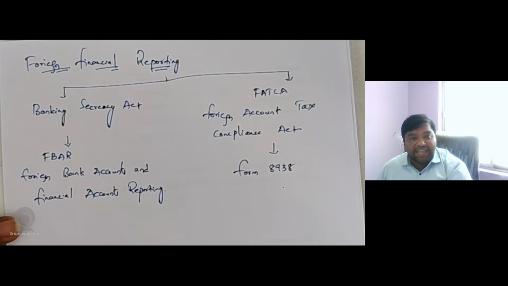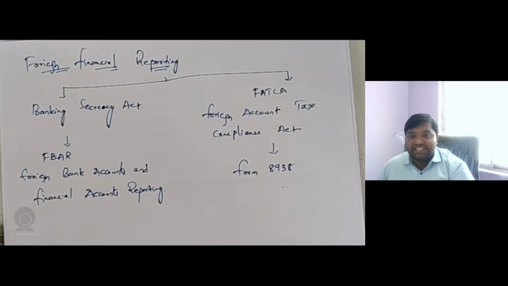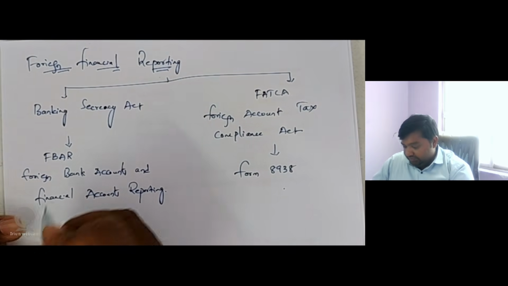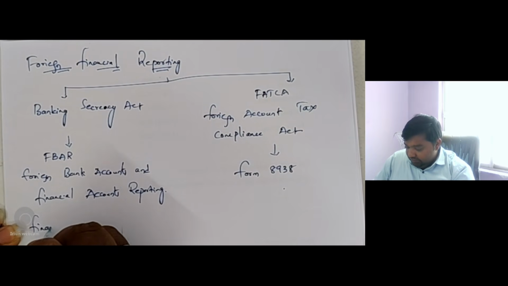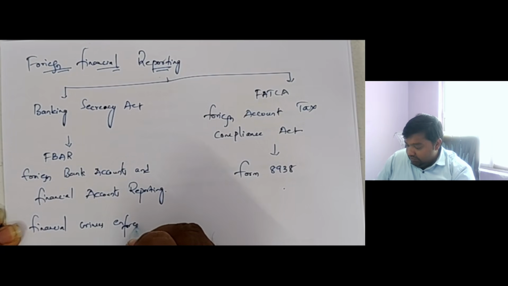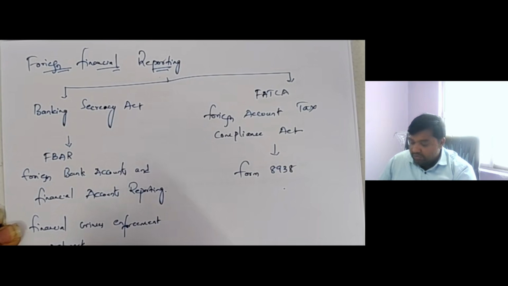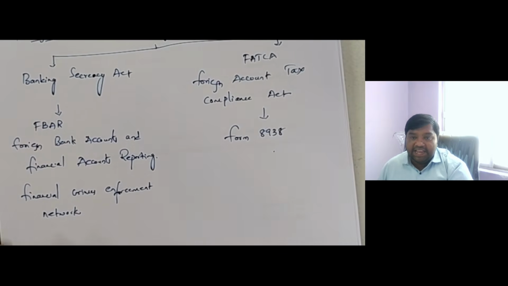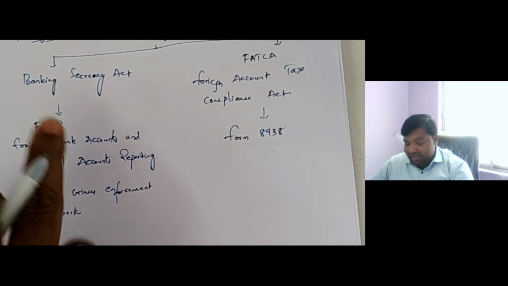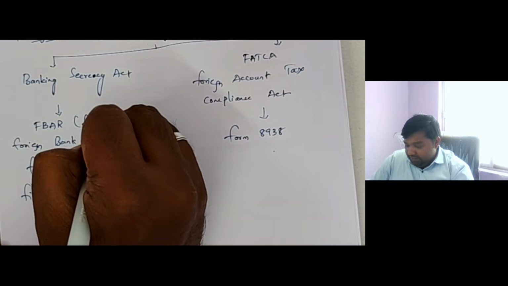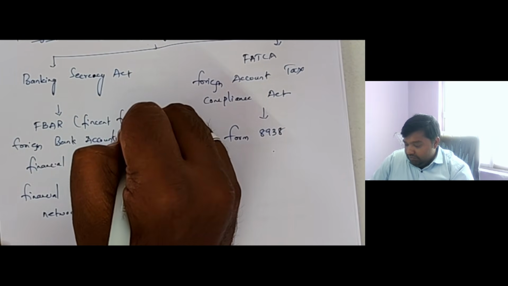Normally your Banking Secrecy Act is under Financial Crimes Enforcement Network. Okay, but IRS administers it. So whatever filing you are doing FBAR, this is FinCEN form 114.